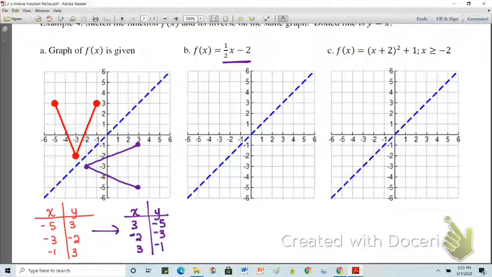So if I make a t-table from Desmos or my calculator, I just need a few points. We know it's a straight line, so we need about 3 points. So I'm going to do -2, -3, 0, -2, and 2, -1.